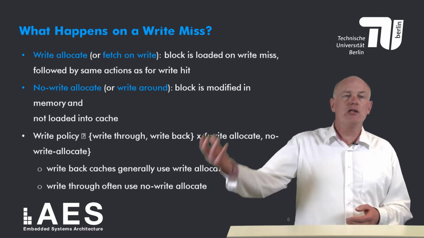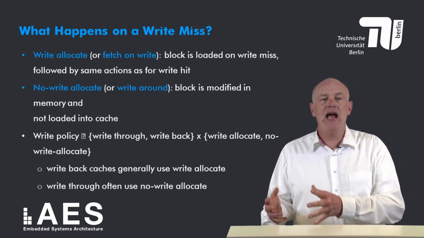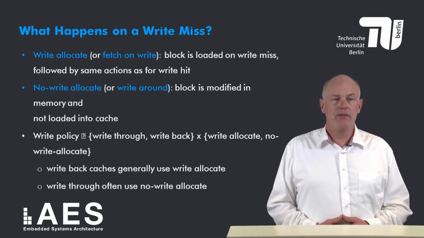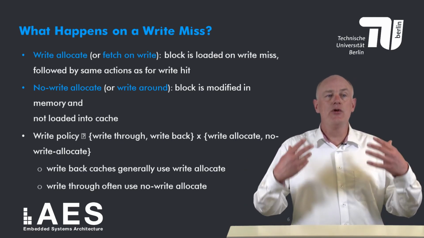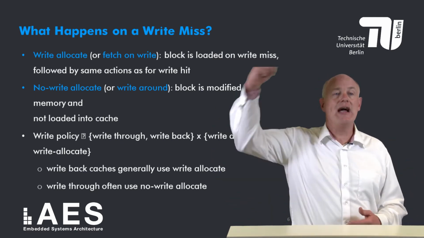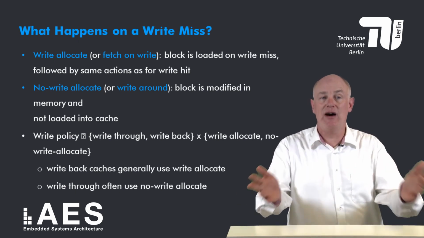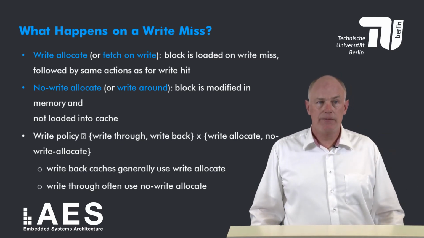That means we first load the block in cache on a write miss, and then we do exactly the same as for a write hit. The other technique, as the name says, is no write allocate, or write around. That means that the block is modified in memory, but it's not loaded into the cache.